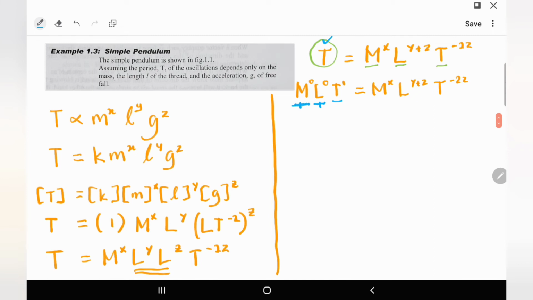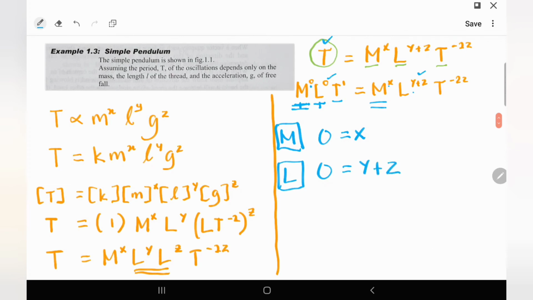For M, what do we have now? 0 equals X. Okay, we just start with M. 0 equals X, or X equals 0. By comparing L, what do we get? L, we got 0 here, and L here we got Y plus Z. So 0 equals Y plus Z. Okay, leave it first.